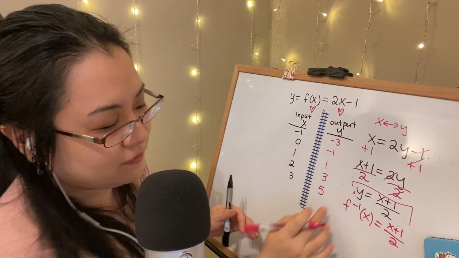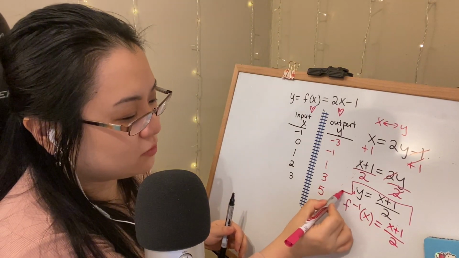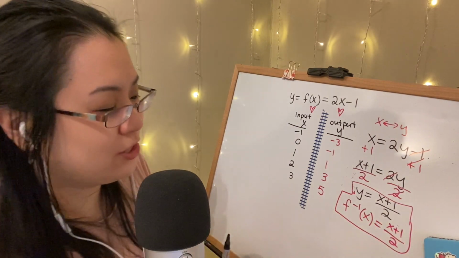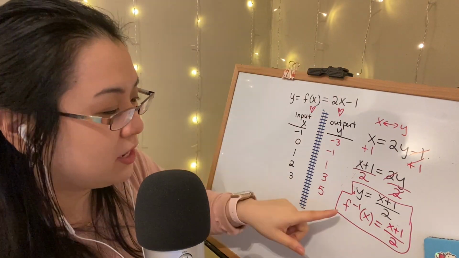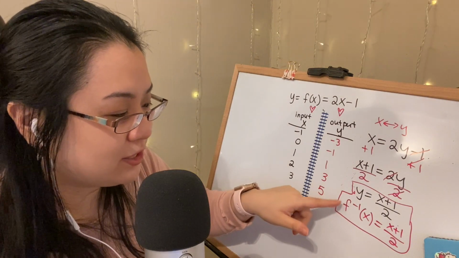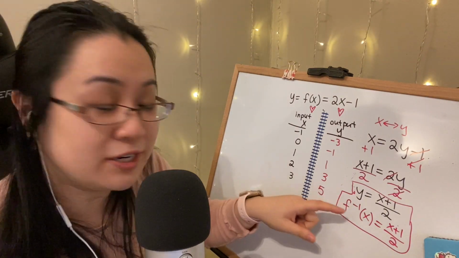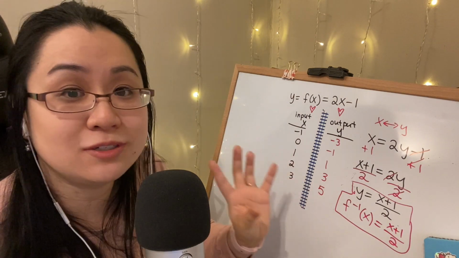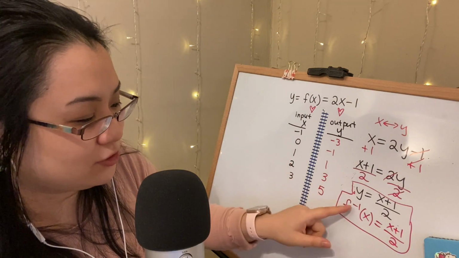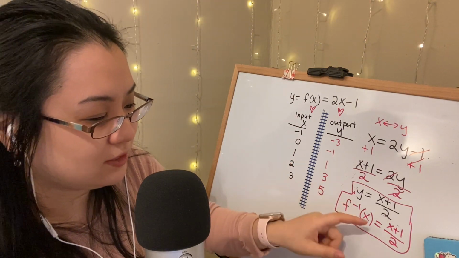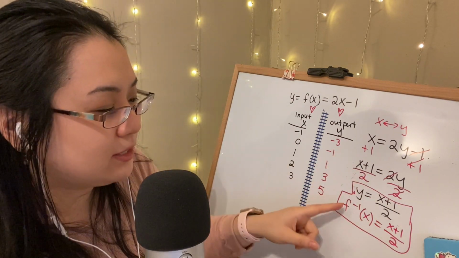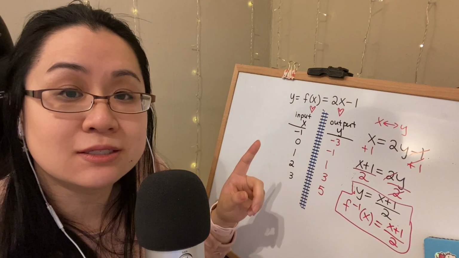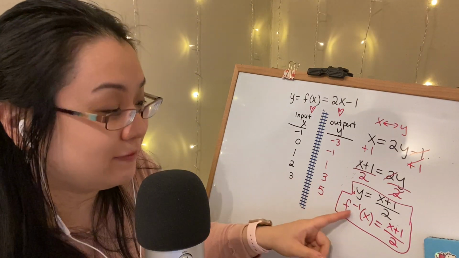I don't want to just leave it as y equals x plus 1 over 2 because that doesn't even answer our question, right? So if my function is 2x minus 1, my inverse, which is this f with this negative 1 up there, kind of looks like an exponent, but it's not. F inverse of x is x plus 1 over 2, or any of the equivalent forms. Now note that this is the standard notation for inverse, okay?